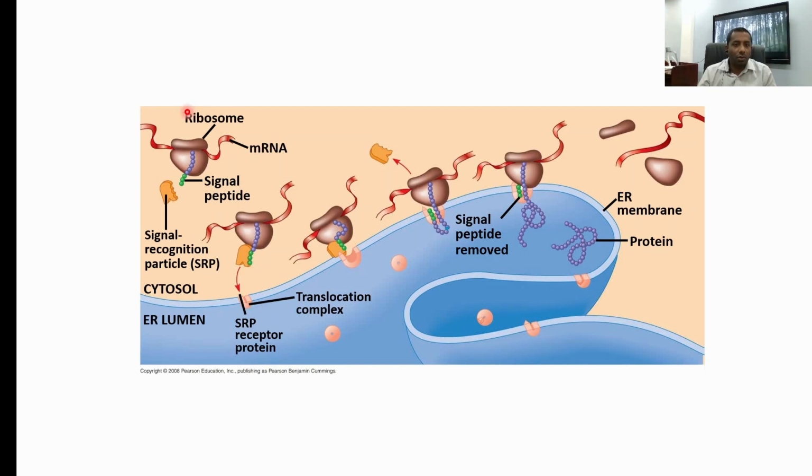If they are meant for secretion, then these ribosomes get attached to the ER membrane and release the polypeptide chain into the ER lumen for further processing and later transfer to other locations.